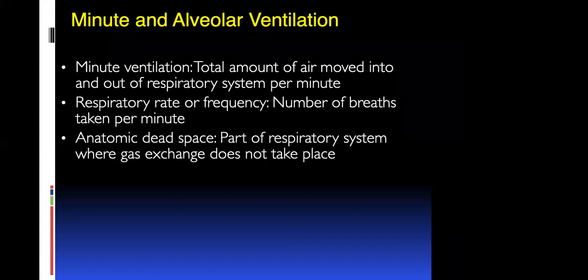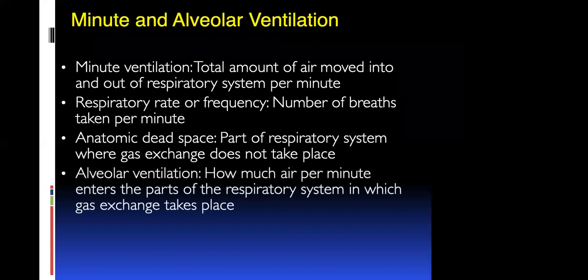So how much does not reach? It's actually 150 mL. So only 350 mL actually reaches the part of the lungs that contain the alveoli. The alveolar ventilation is the amount of air that reaches the alveoli per minute, and it is usually 350 mL times 12, not 500 times 12.